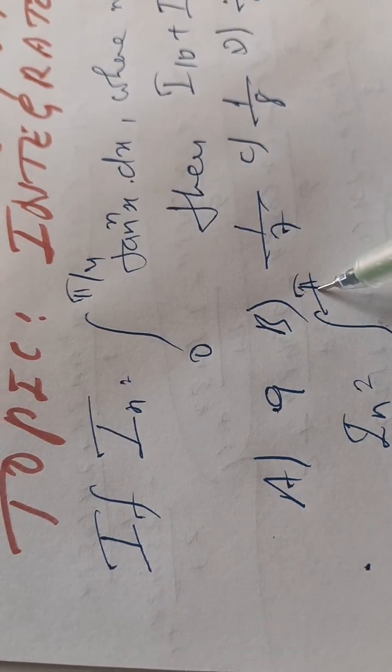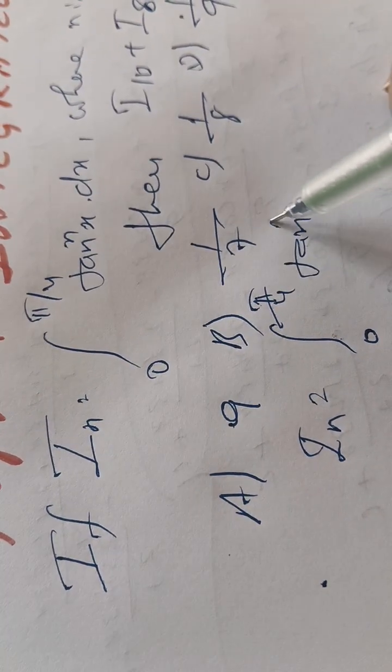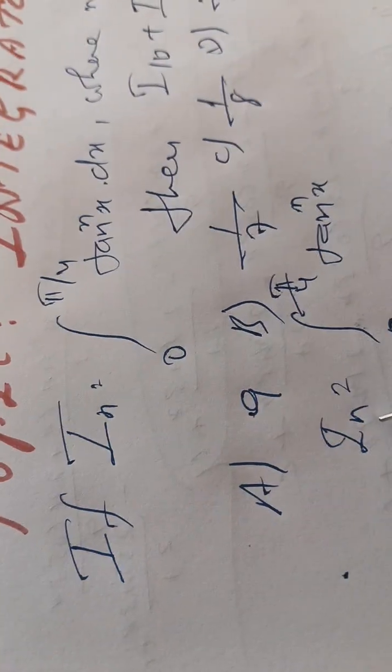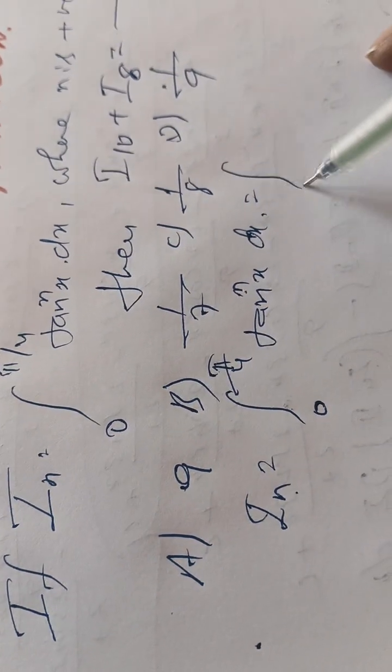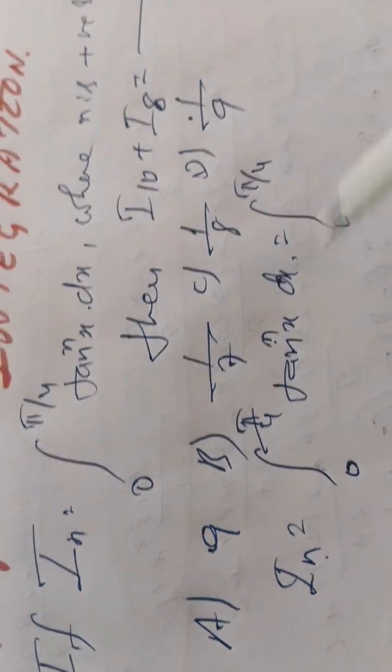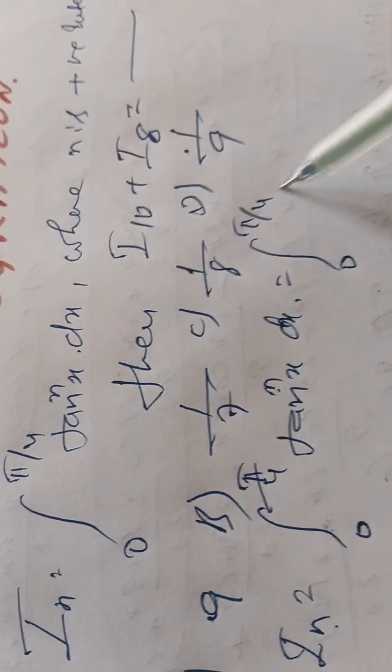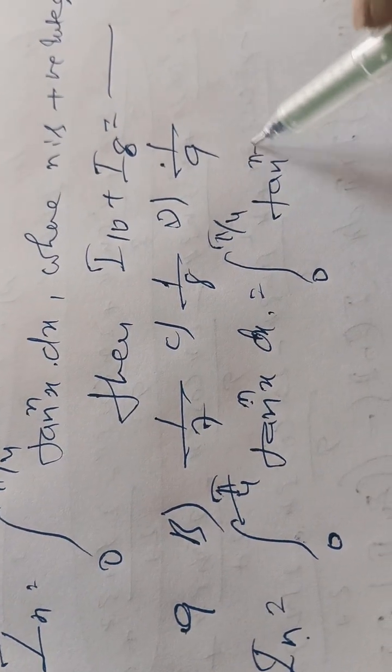Now In is equal to integral from 0 to pi by 4 of tan to the power of n x dx. Without changing the value, tan to the power of n x can be written as tan to the power of n minus 2 x into tan power 2 x.